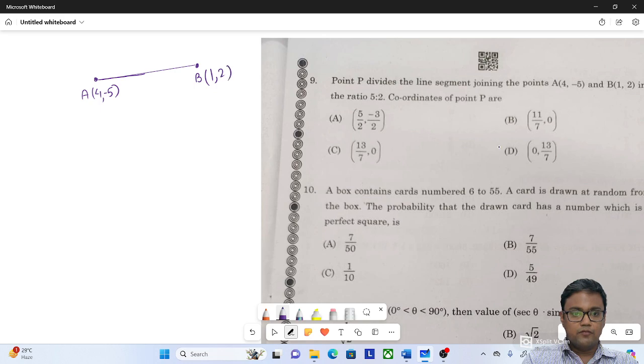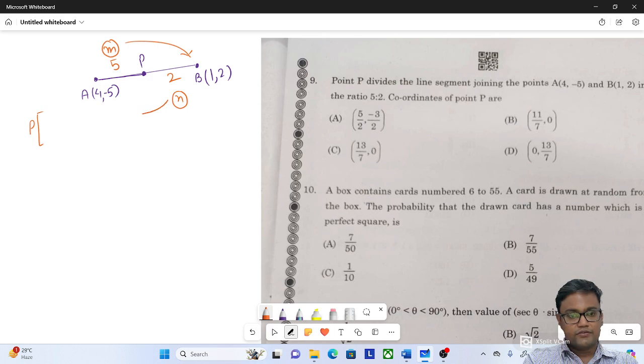So it is divided in the ratio 5:2. So you apply the formula, the section formula for internal division, right? Or you may write 5x and 2x, that is up to you. Actually this is m and that is n. So you go in this manner, right?